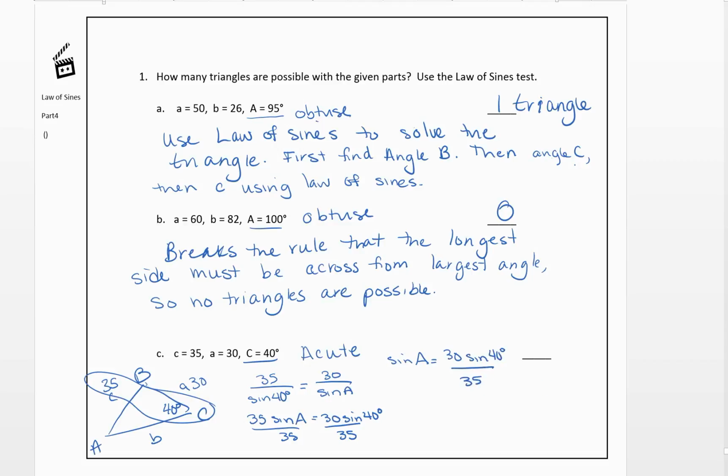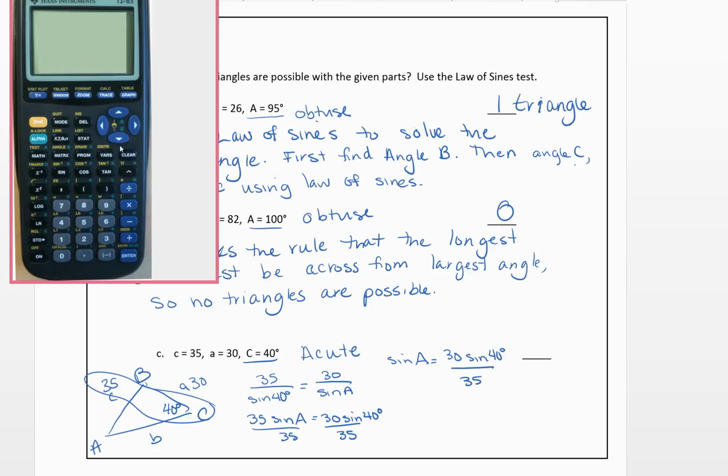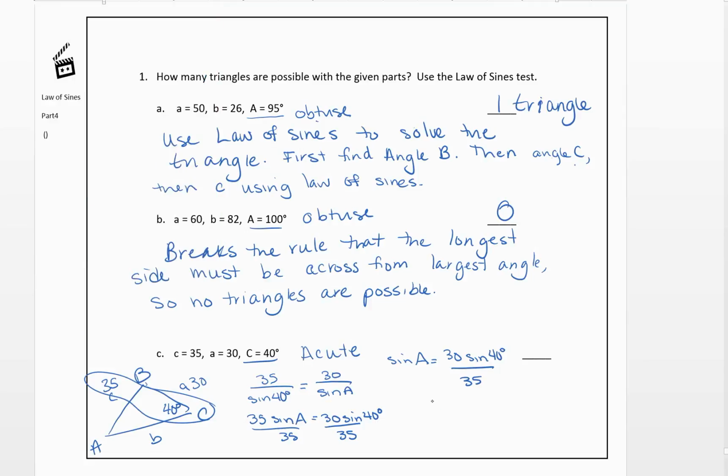That's something we can put in our calculator: 30 sine of 40 degrees. Let's make sure we're still in degrees. We are. Divided by 35. Okay, and this is approximately 0.55.